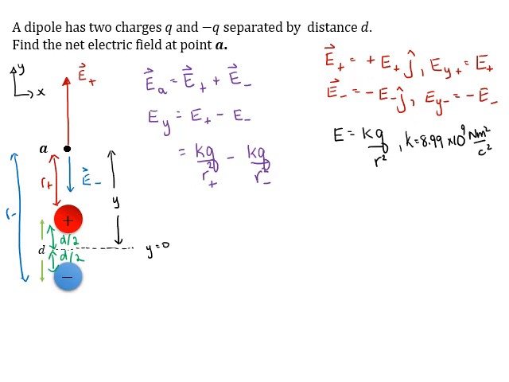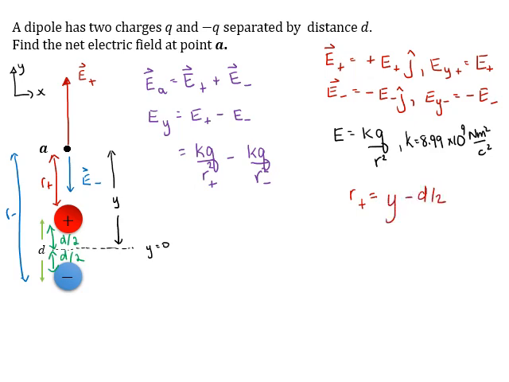Okay, let's put all that together. R plus, the distance between A and our positive charge. This distance right here, we see that R plus d over 2 equals y. So this whole distance here can be written in two ways, R plus d over 2, or it can be written as y. So that means that R plus is equal to y minus d over 2.